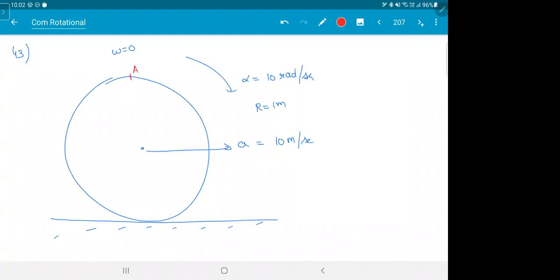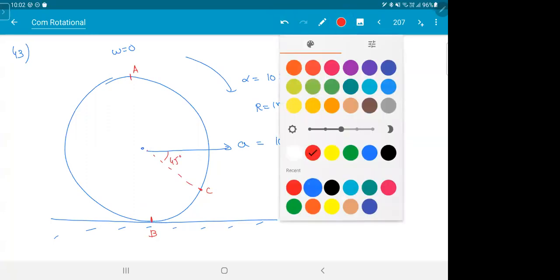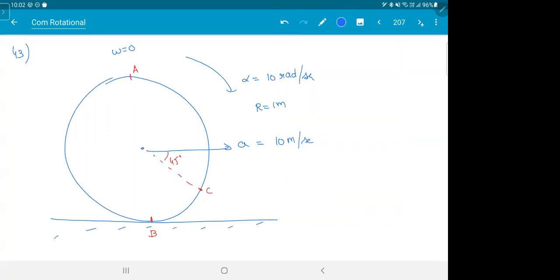So there is a point A here, point B here, and a point C here at 45 degrees. Find the acceleration of A, B, C. Omega is 0, so centripetal is not there. Only tangential acceleration in this case.